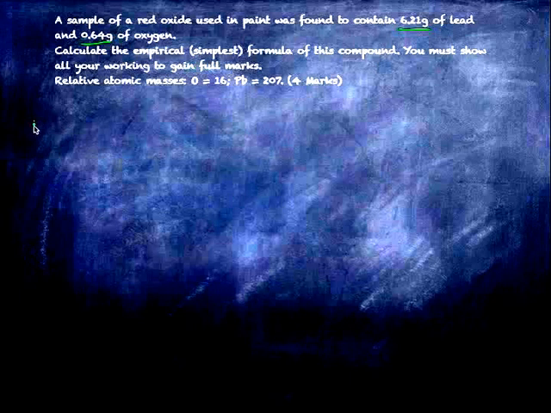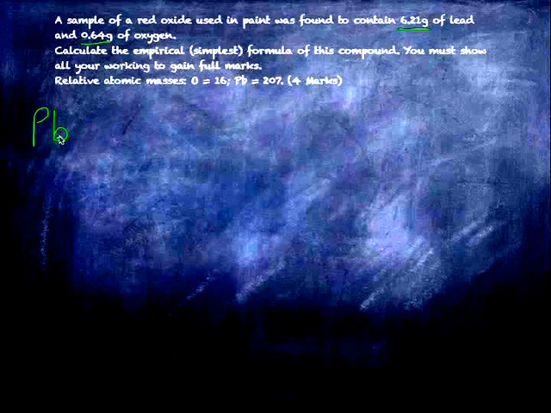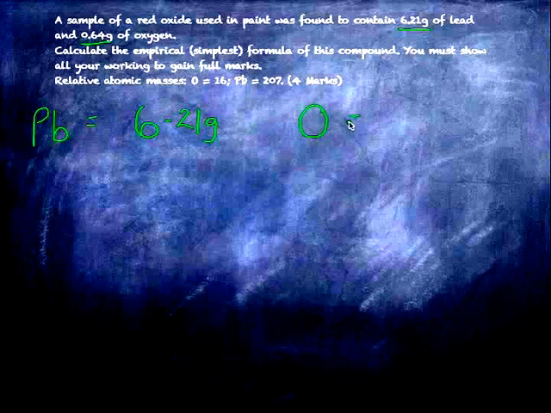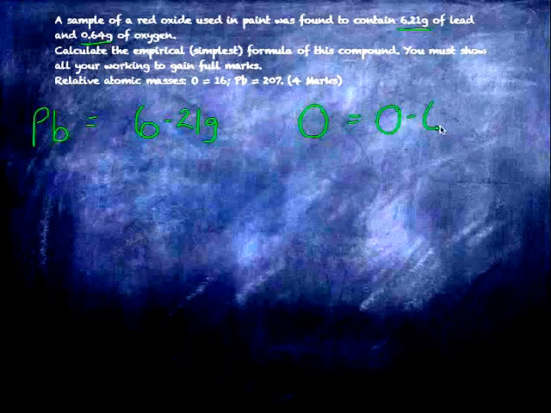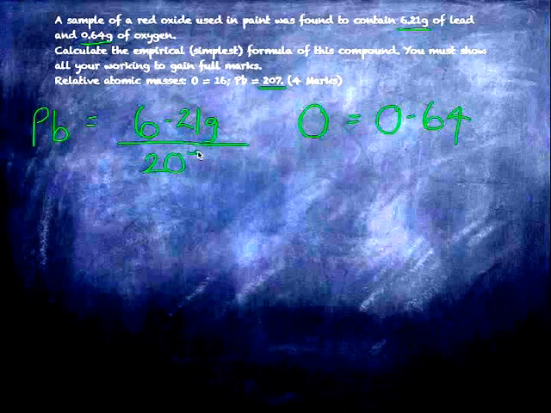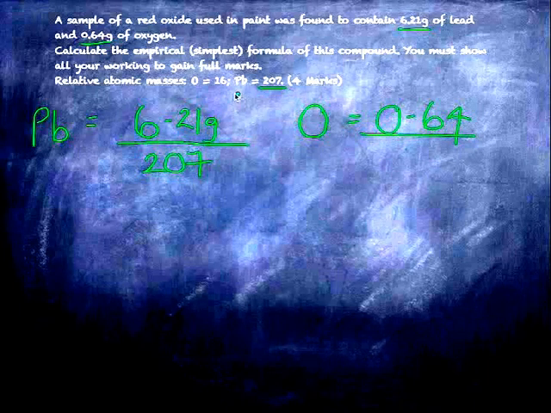So our lead, Pb, we've got 6.21 grams. Our oxygen, we have 0.64. So we divide this by the 207. We divide this by the 16.